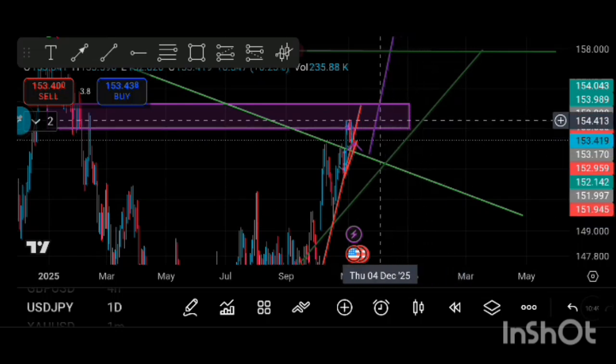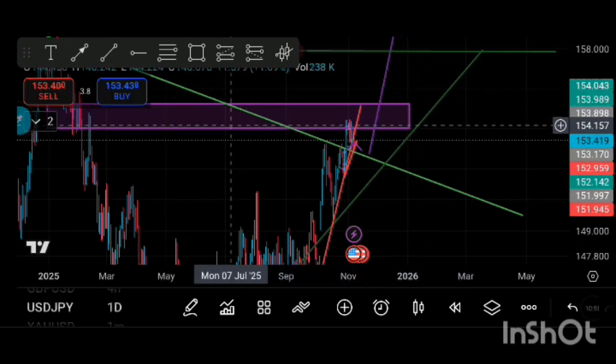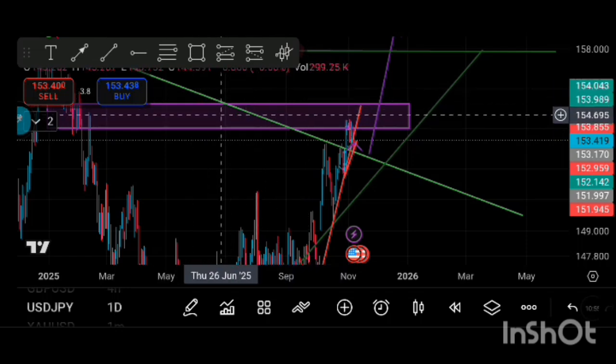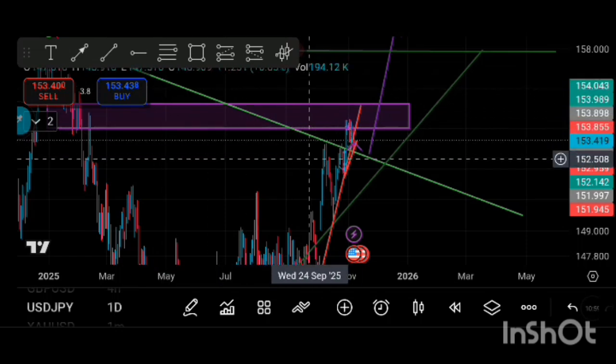Firstly, let me break it down. The purple zone is a resistance line that I found on the weekly or monthly time frame, probably a trend line.